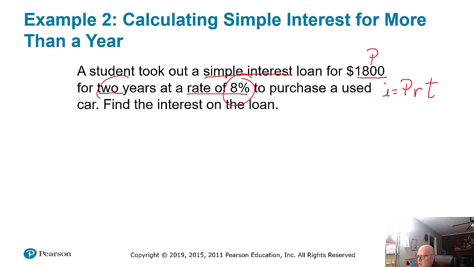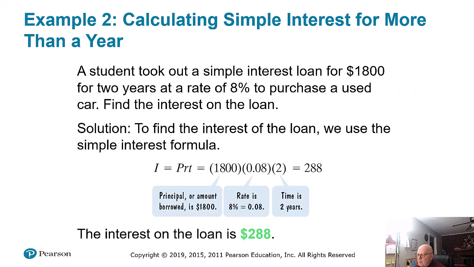The time, 2 years. All we need to do is fill in those details. Here's our interest, principal, rate, time. Do the multiplication. There's our $288 is the interest.